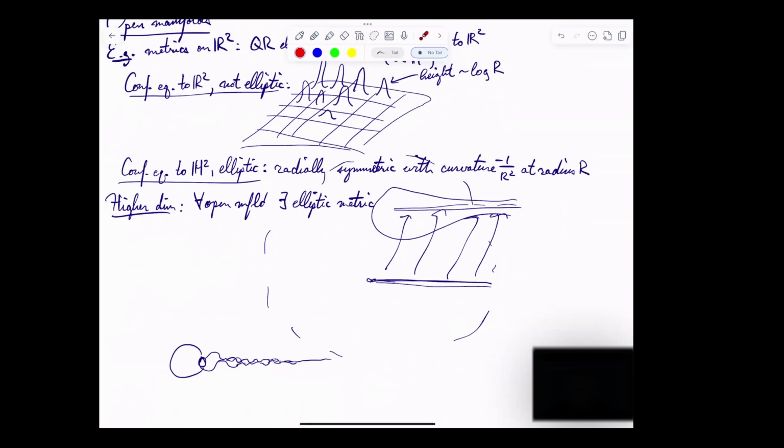So if I understand right what you said at the end here, there's no Picard theorem for these elliptic maps. I mean, for, let's say, standard spheres with points removed. Yeah, there's no Picard theorem. You can come up with an elliptic map from Rn to Sn minus a codimension 2 sphere.